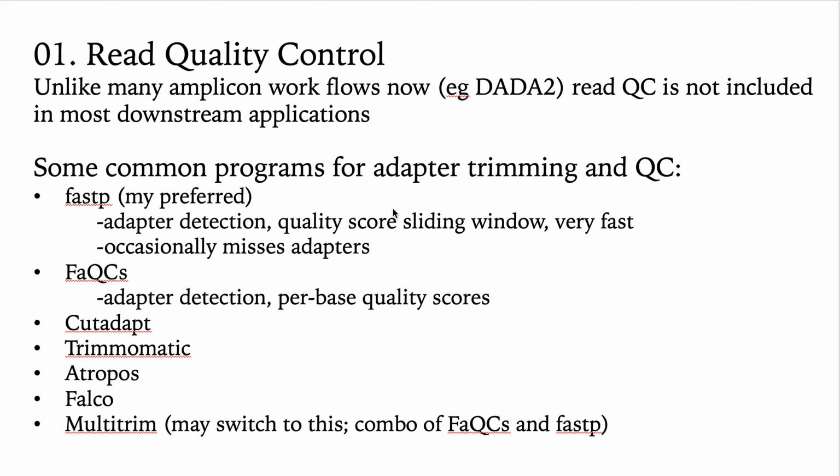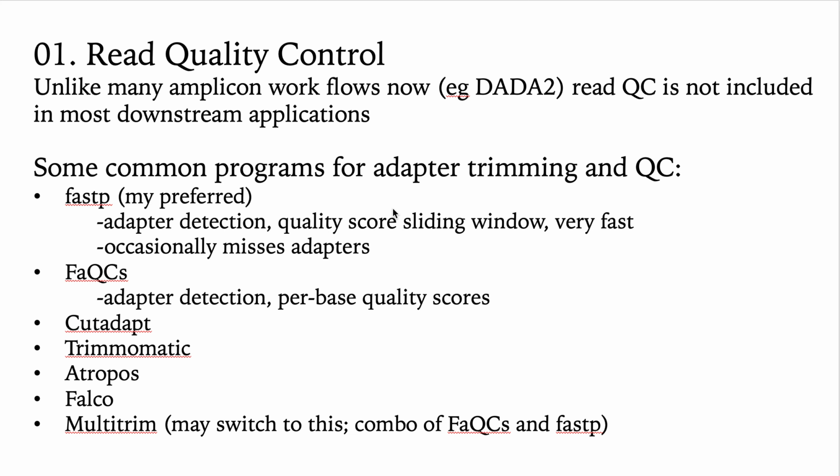This is a program that does adapter detection and filters reads based on quality score using the sliding window model. So rather than just looking at every base individually, it will take a window of whatever size you define and then take the average quality of the bases within that window, slide it along the sequence, and if the average drops below a certain level, those reads will be filtered out.